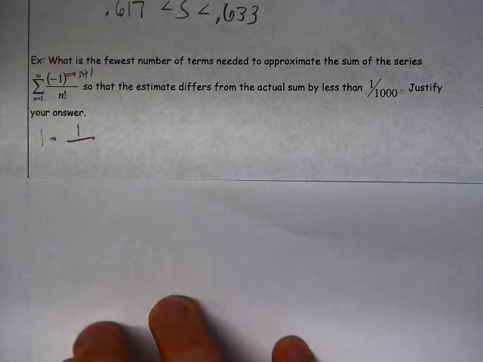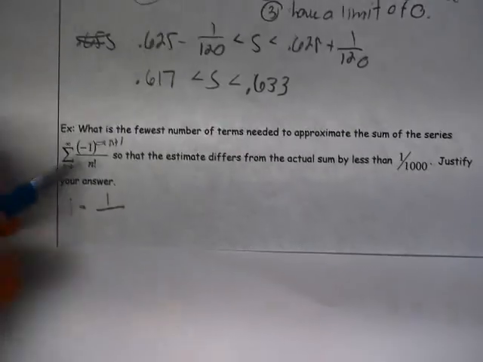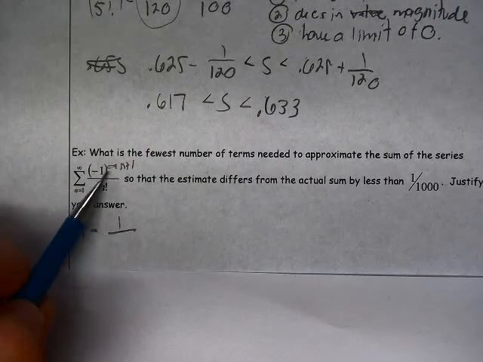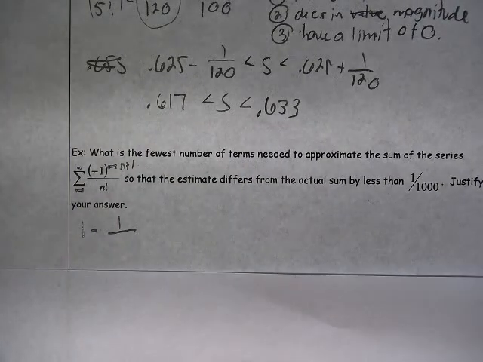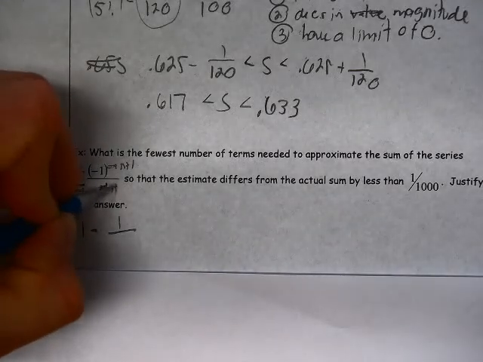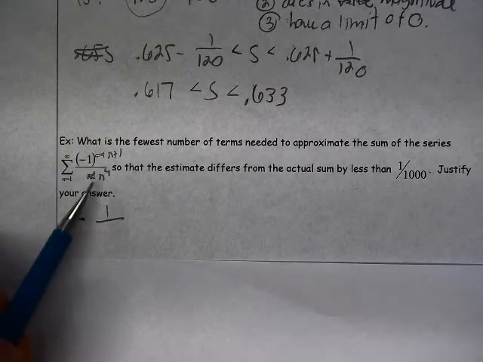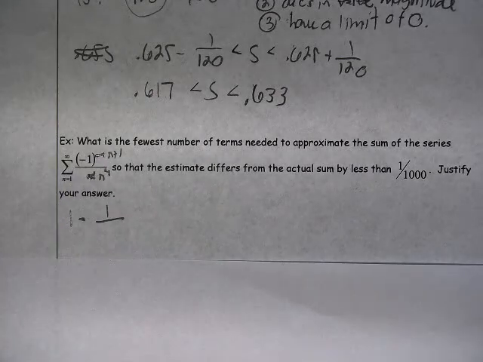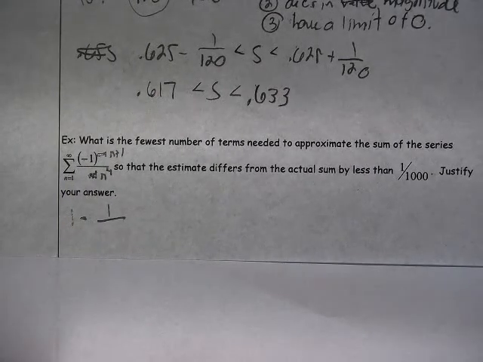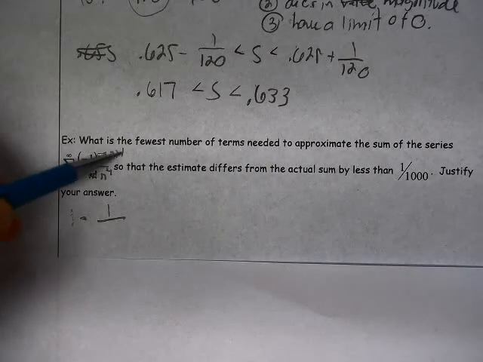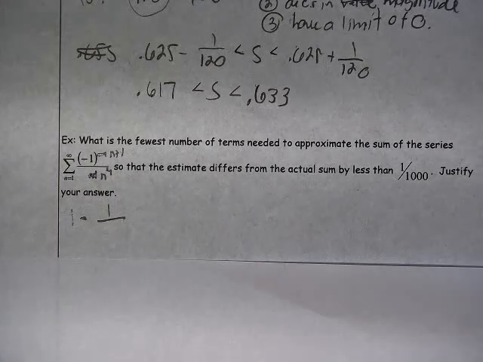I just copied this from the above example and I shouldn't have. This one needs to be negative 1 to the n plus 1 over n to the 4th. I'll switch that on your notes, so by the time you see these notes, when you print this out, it should have the correct series in there. But we're dealing with negative 1 to the n plus 1 over n to the 4th.